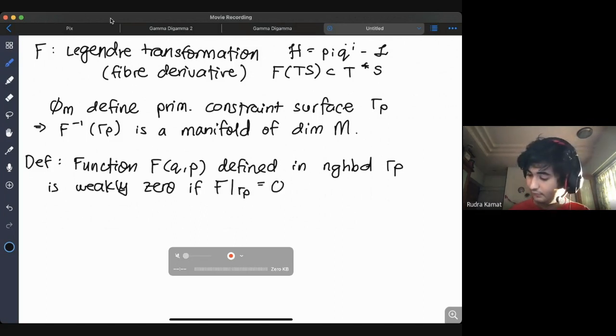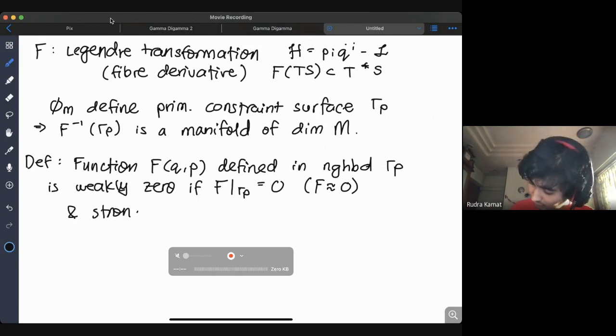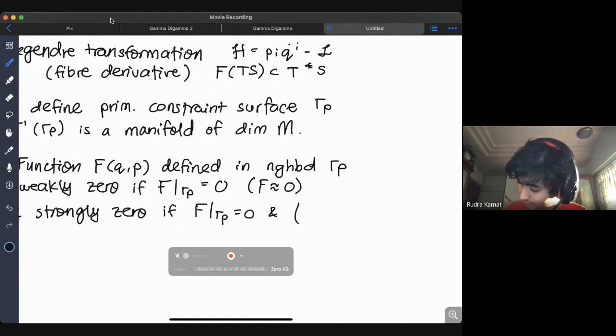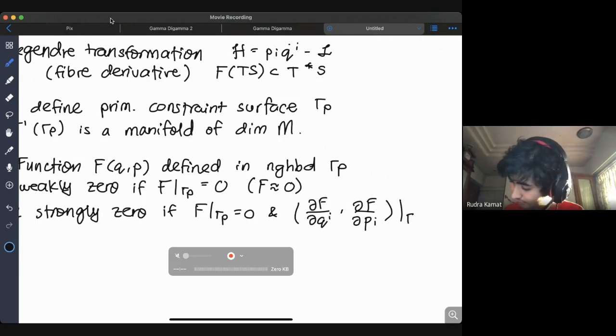If F restricted to gamma sub p is zero, which you can denote as F is weakly zero, and strongly zero if F restricted to gamma sub p is zero, and that's not all. We need the gradients to be zero as well. So F with respect to q_i and F with respect to the p_i, restricted to gamma sub p, is zero.